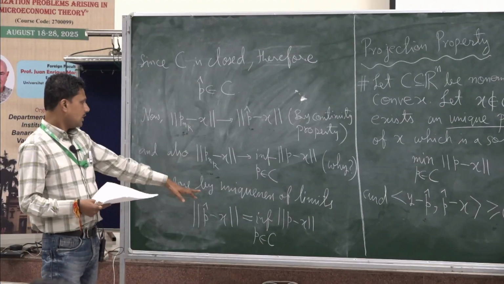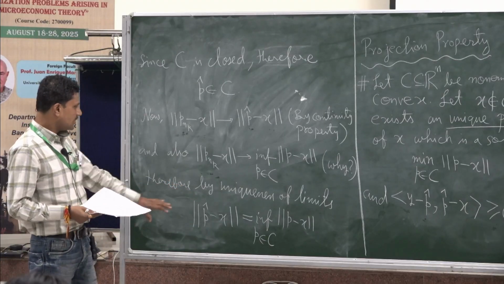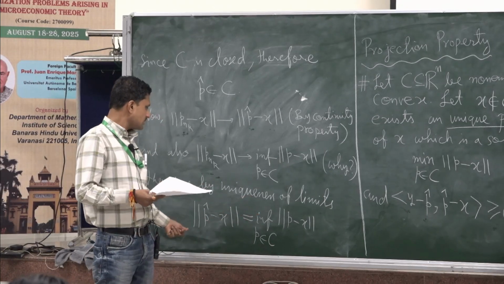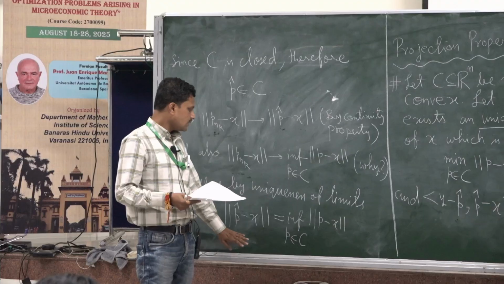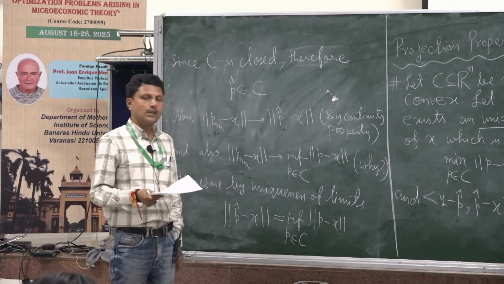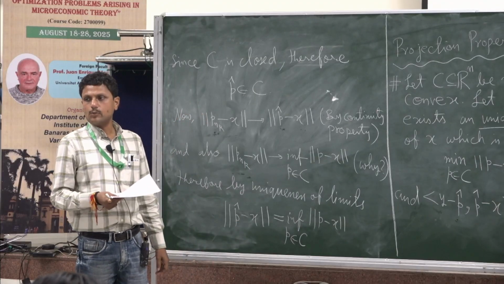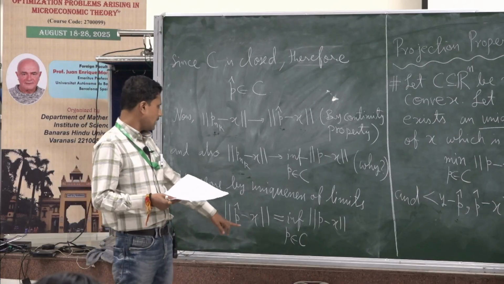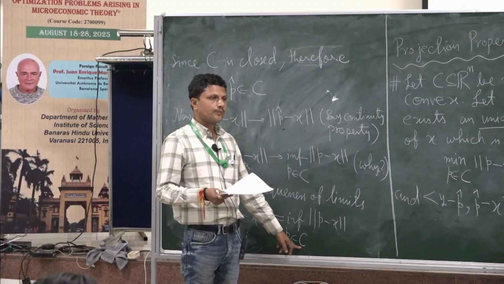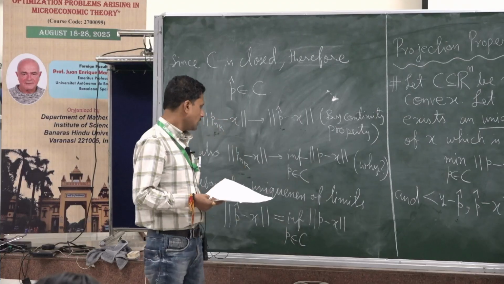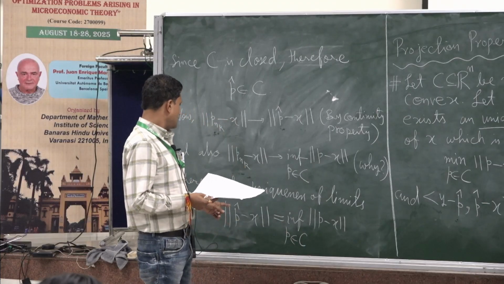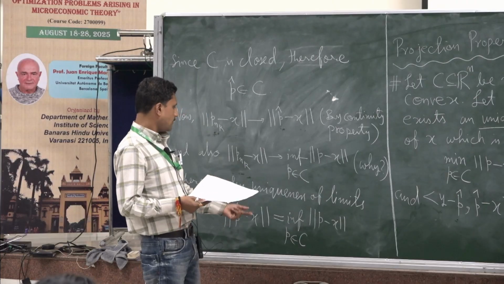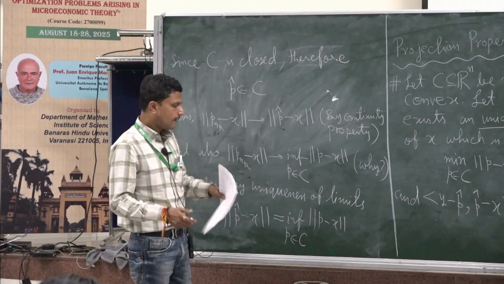So you see, this infimum is attained at P hat, and this is actually the definition of the projection of a point X over this C. So we can say that P hat is a projection of X over the set C, right?